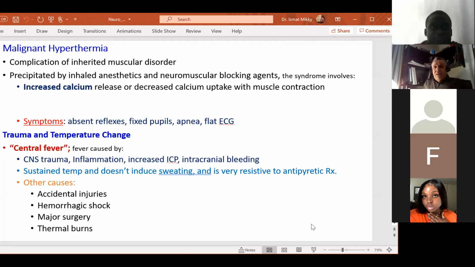I have a question, Professor. Yes, go ahead. When you say peripheral cooling, like cold compresses, when you try to cool through the skin, will the body try to generate more heat, because it's like kind of fighting each other?